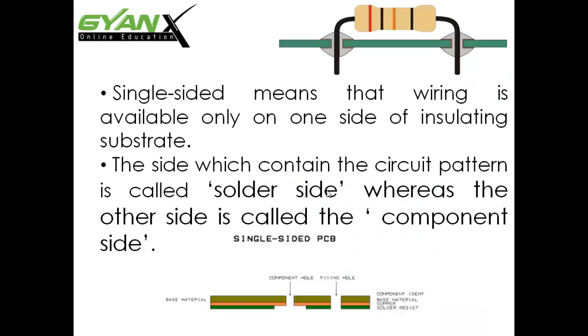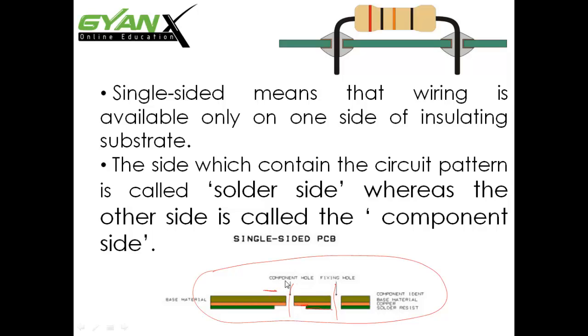Single sided means that the wiring is available only on one side of the insulating substrate. Here you can see in this diagram, the component hole is here and here, this one is solder resist, this one is the medium material, and this one is the base material.